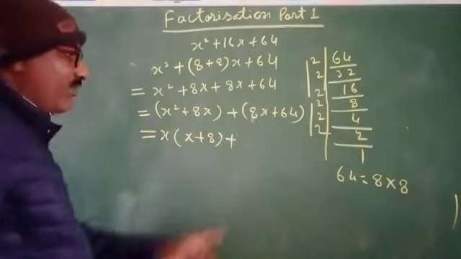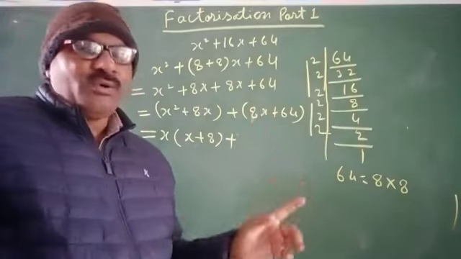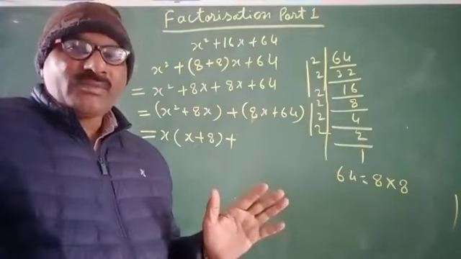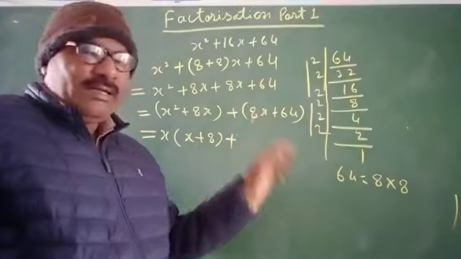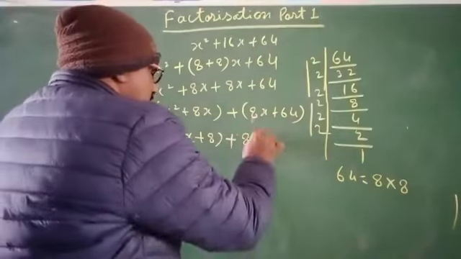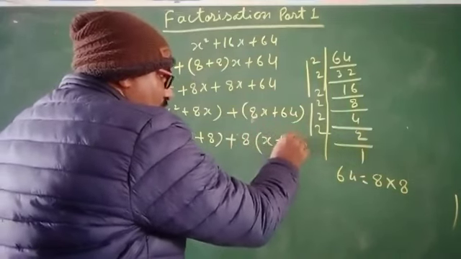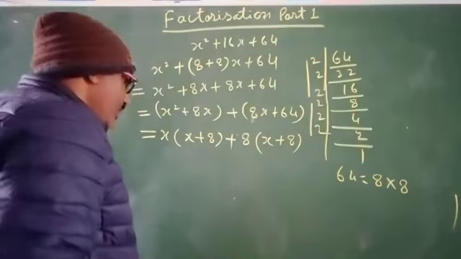Plus here you see that in 8x and 64, the highest common factor is 8, so I will take common 8, and here will be x, and here will be 8.